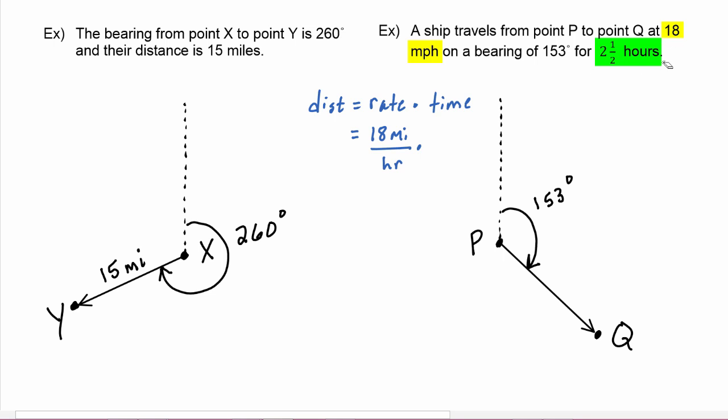So I think I'll write the 2.5 hours as an improper fraction. 2 times 2 is 4, plus 1 is 5. So we know this would be the same as 5/2 hours, and I'll bring that over here into my distance equation.